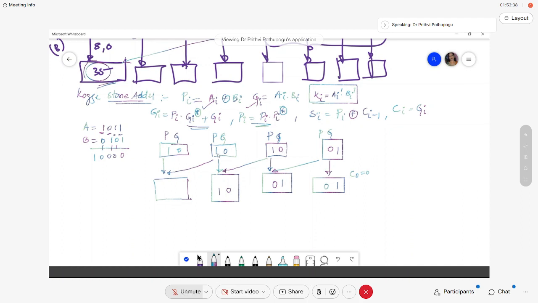This is 1 and of 0 is 0, or 0 is 0. Propagate of this stage and the previous stage is 1, this equation, so it is 1. I'm taking these two equations, and this is 0, 1.